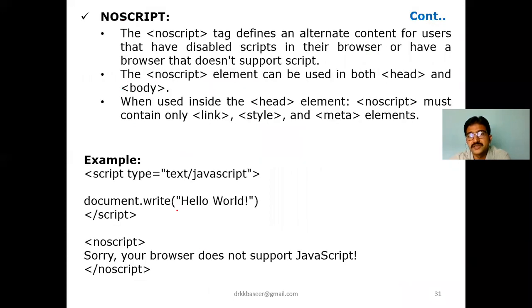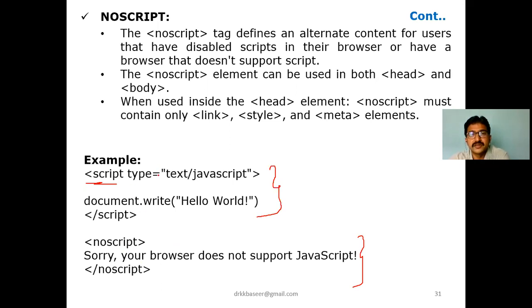Noscript, we'll discuss more about this when we talk about JavaScript. The script has type equal to this, and here is the script. Noscript means that when this type of JavaScript is not supported, at that time the noscript displays that your browser does not support JavaScript. Like we face some problems when we are writing online examinations, or appearing for any online contest.